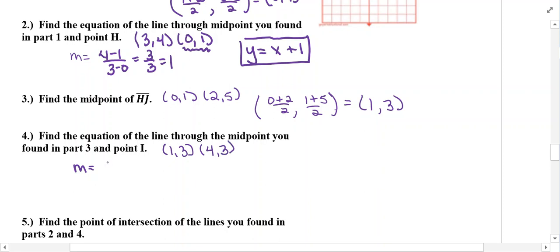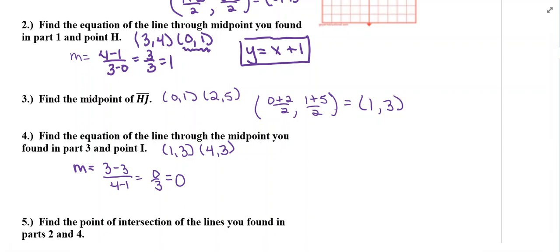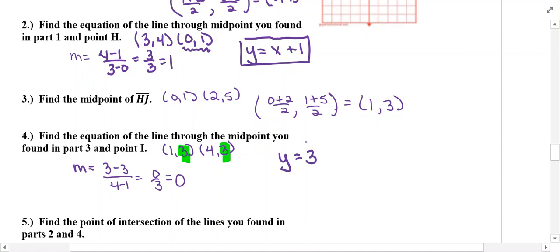First thing is to find the slope. So 3 minus 3 over 4 minus 1, which is 0 over 3, so the slope is 0. Once we see the slope is 0, I look back at the equation and see they both have a y that is 3. So the equation here is y equals 3.